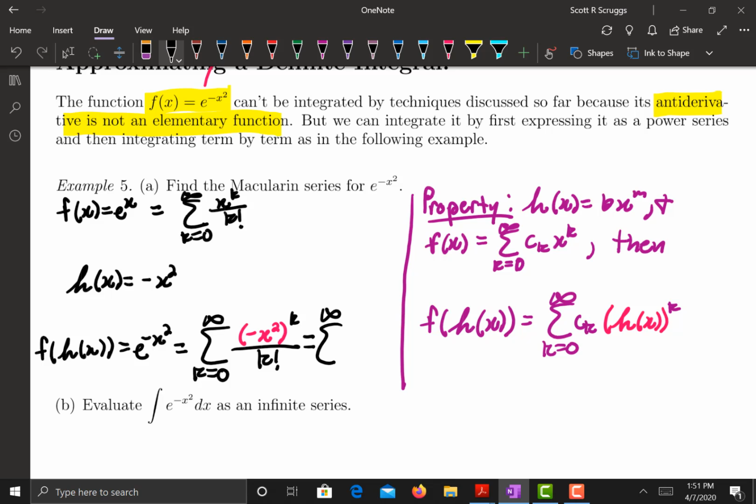After simplifying, the sum from k equals 0 to infinity of negative 1 to the kth power, x to the 2k over k factorial. And there's our power series representation for e to the negative x squared.